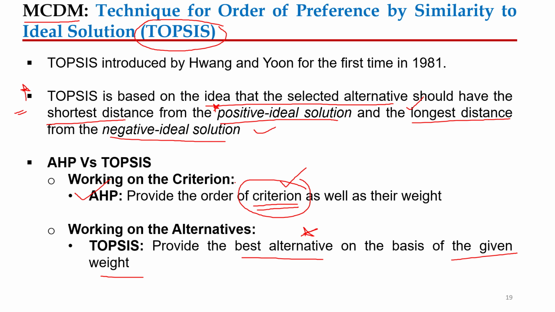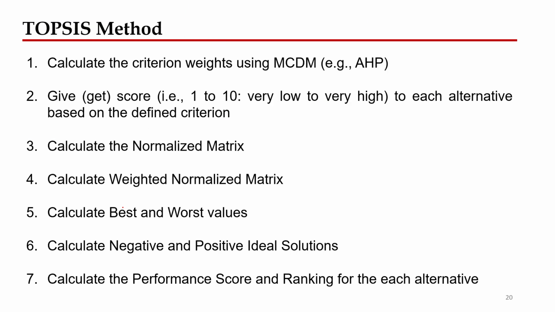But in this lecture, we are mainly talking about TOPSIS. In order to find the best alternative with respect to TOPSIS, these are the 7 steps which we follow while calculating which alternative is the best one.